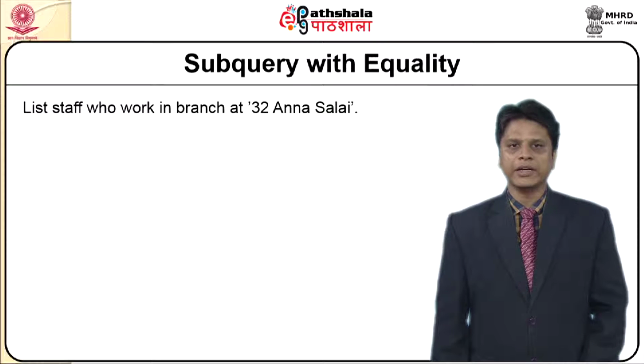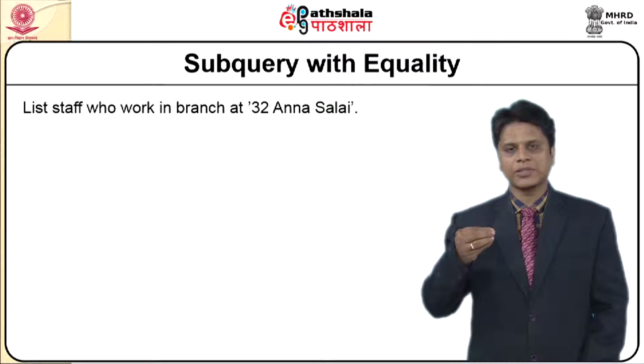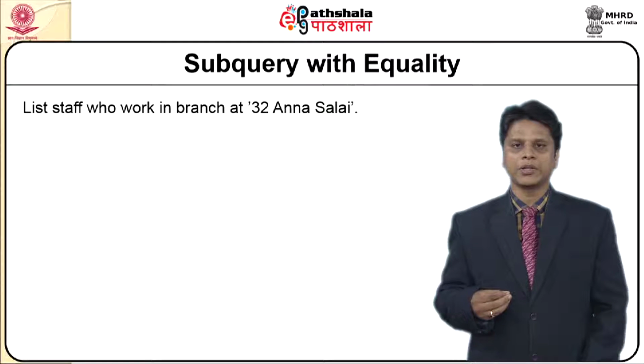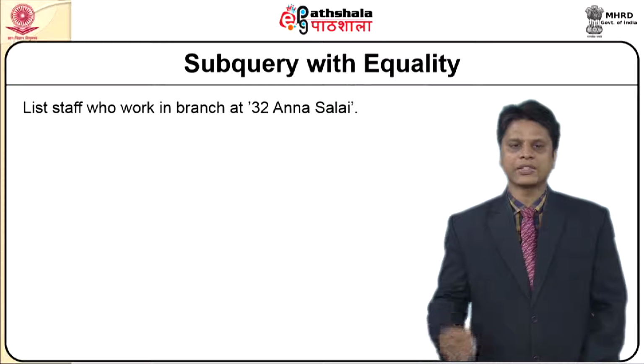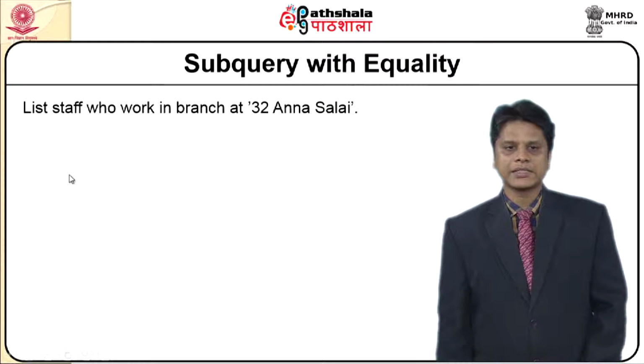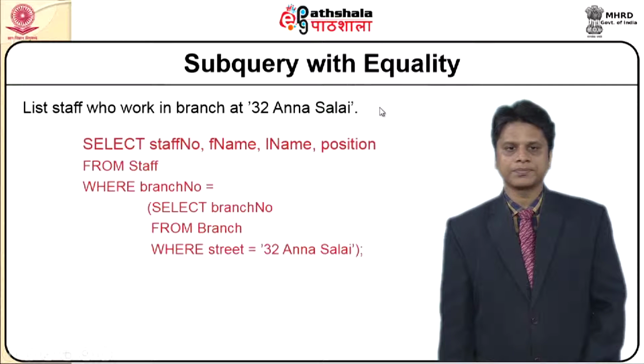Subquery with equality, which means I have another list of the same select from where type with a condition to be checked, checking for an equivalent constraint. In this case, list staff who work in the branch at a specific address.